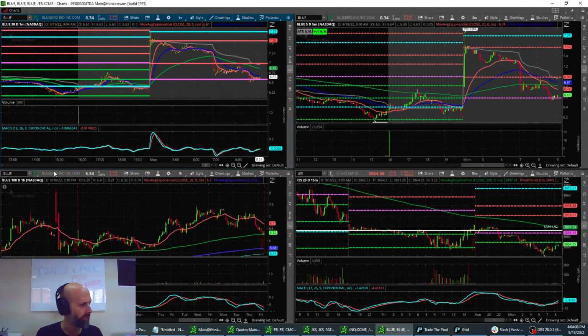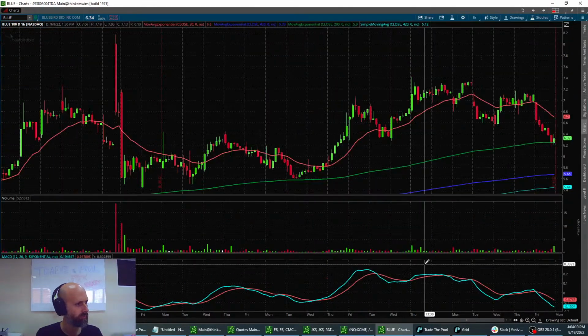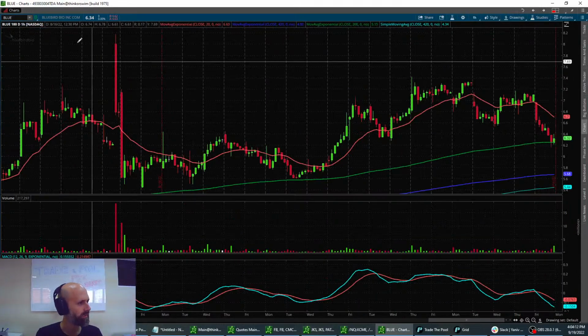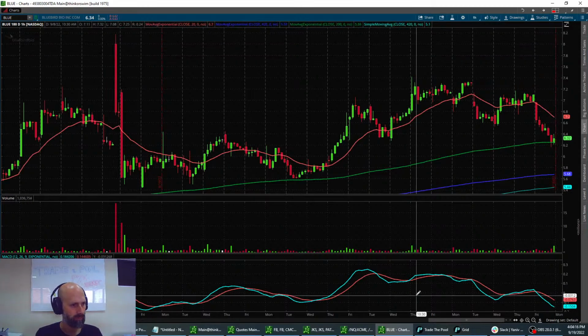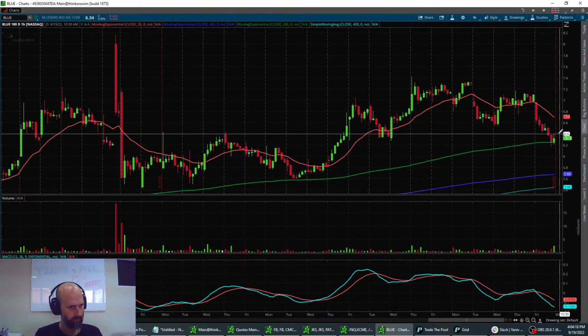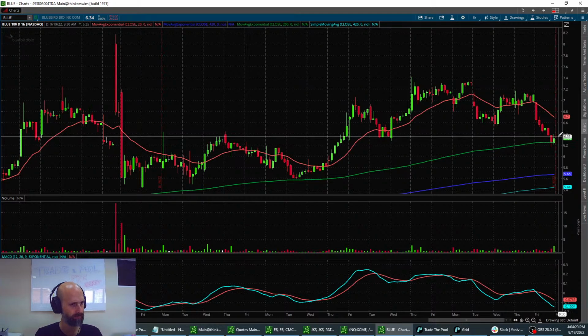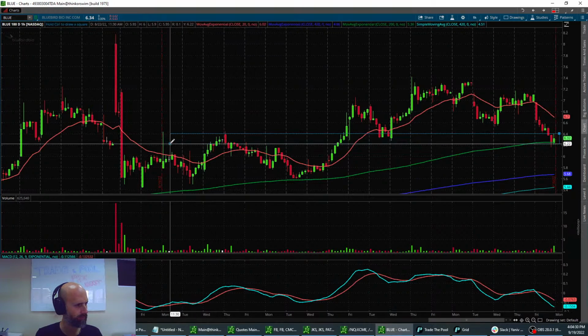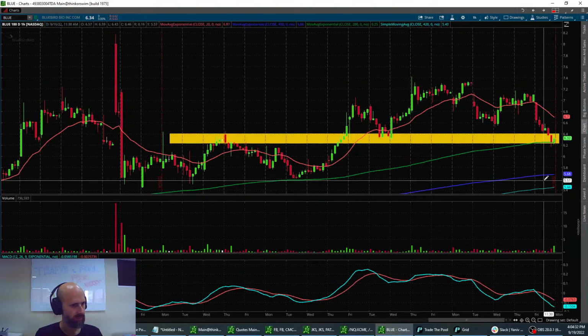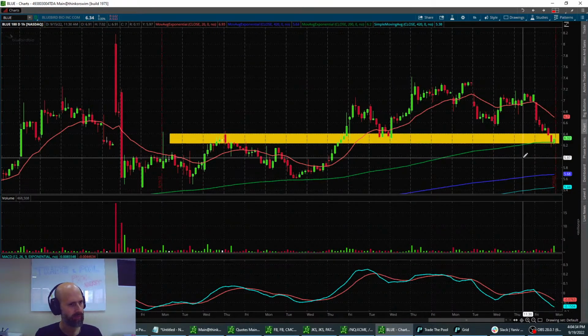Let's look at the 1H. And it's a $6 stock, so I don't love it. Right now it's opening around the same price that it closed Friday, so you can still mark those areas. In this case, it's between 6.2 to 6.4.